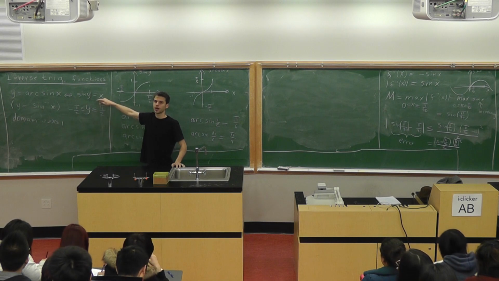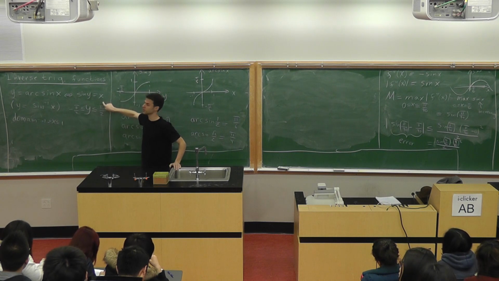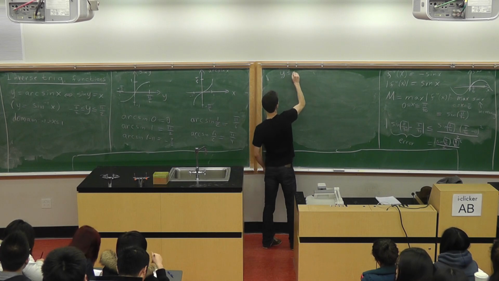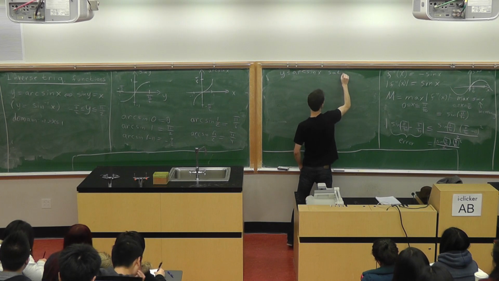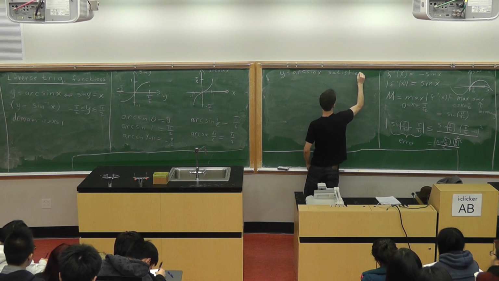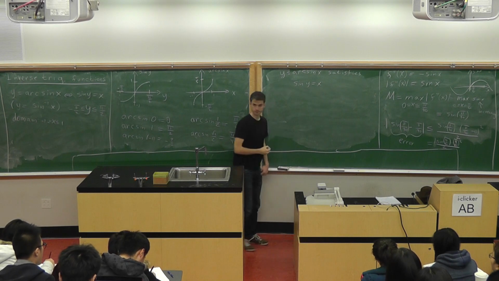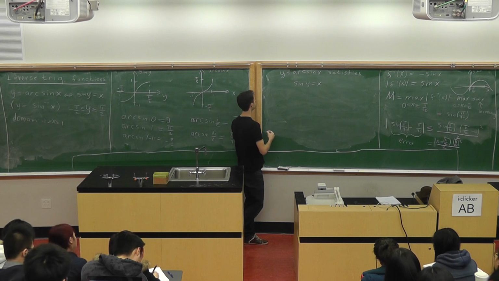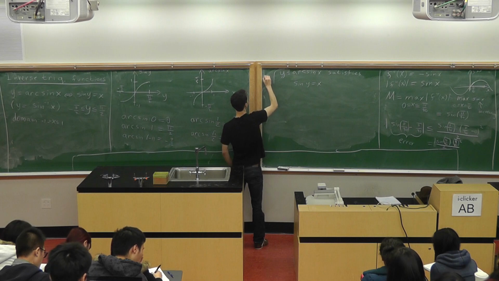Here, arc sine is the function y, which is defined implicitly by this equation. So y is arc sine of x satisfies sine of y is equal to x. So the title here is derivative.